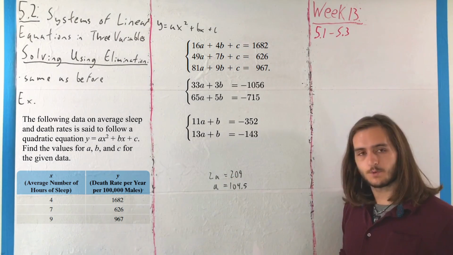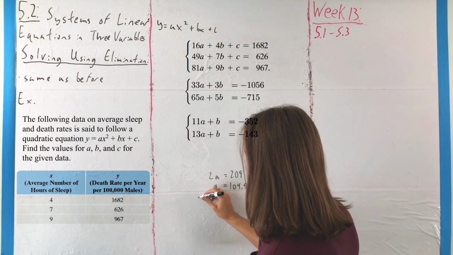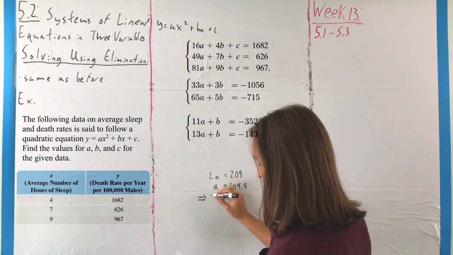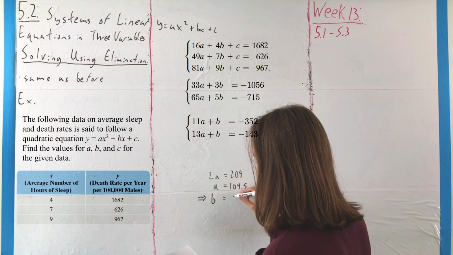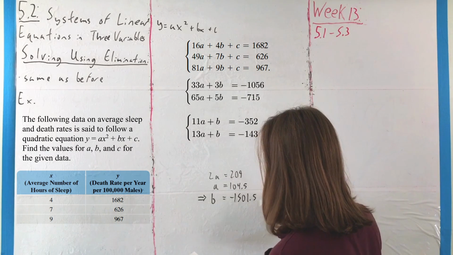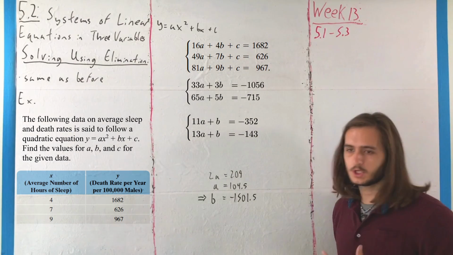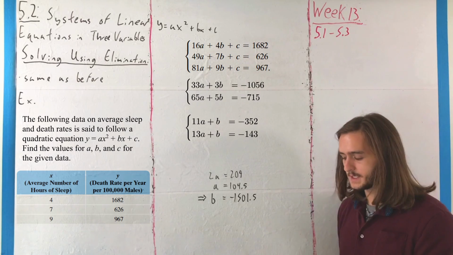Because a is equal to 104 and a half, you can then plug this back in a couple of different ways to get that b is going to be equal to negative 1501.5. I'm going to leave that to you to check, but you can just plug it back into one of our equations, just like we always have.